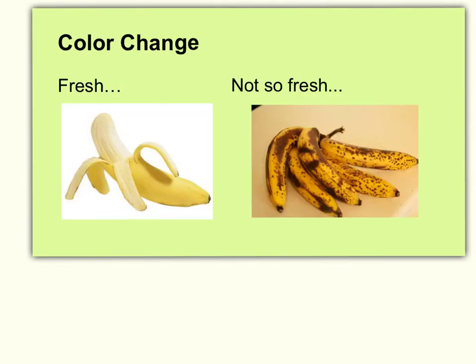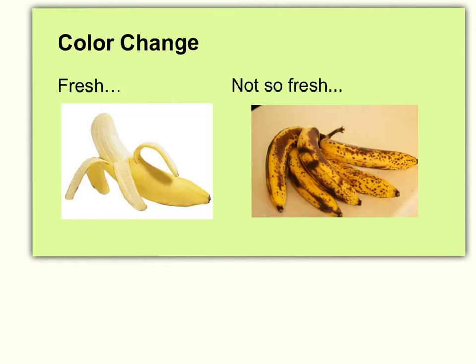Another indication that we've had a chemical change or chemical reaction is a color change. In this case, a banana changes color as it oxidizes. It reacts with the oxygen in the air, which is called oxidation, and so it changes color. You can also see this really easily with avocados.